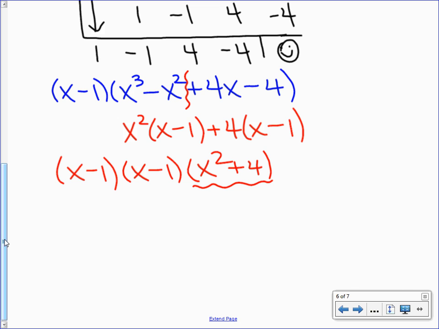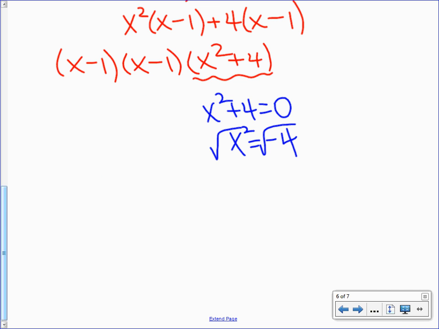So if we set this equal to 0, that means x squared is negative 4, correct? Which means x is what? Careful. Plus or minus 2i. Remember, it always comes in pairs. All right.